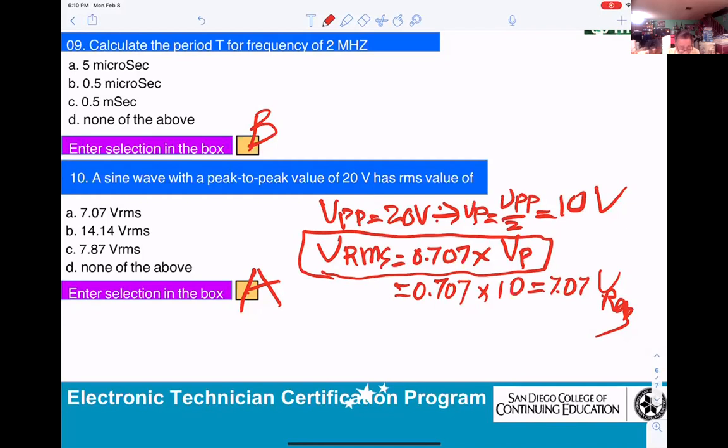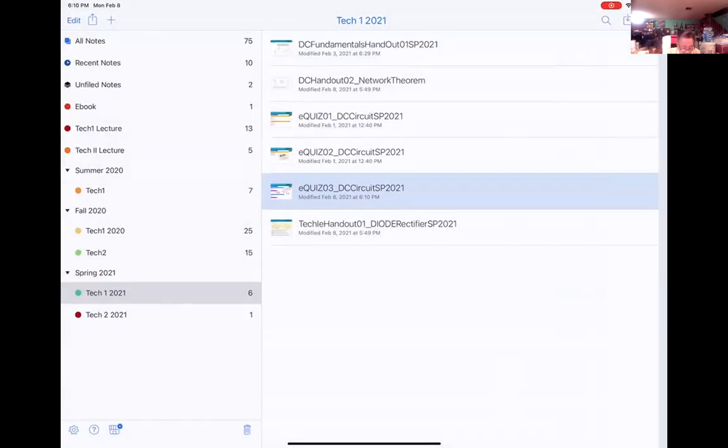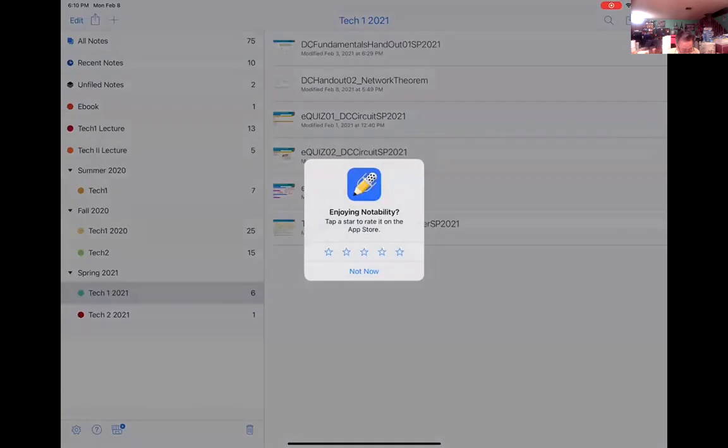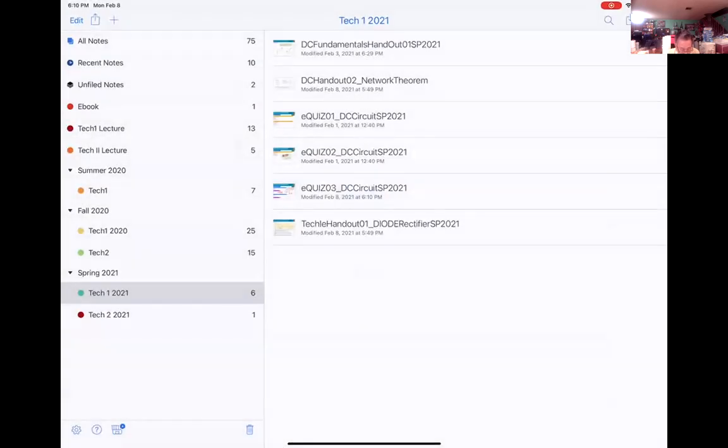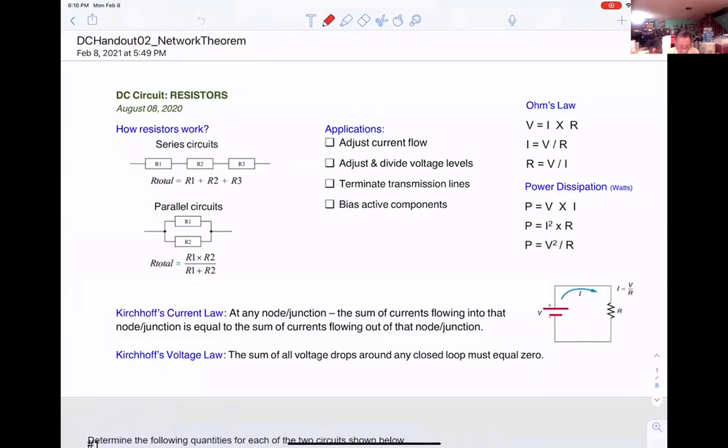Okay, let's see. Next will be not the diode, will be DC network. On this one, you can do it.